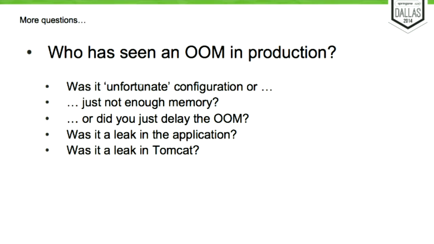Just not enough memory. You can take your hand down if there just wasn't enough memory. And then you have to put your hand back up if all you did by adding more memory was just delay the inevitable OOM. So was it a leak in your application? A real leak in your application? Okay, good. A leak in Tomcat? See? What I'd expect. That's the right answer.